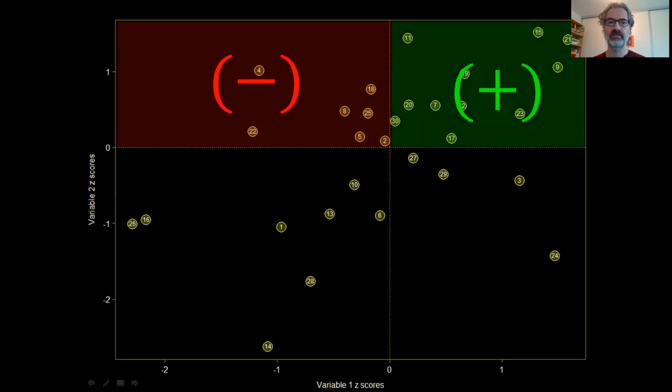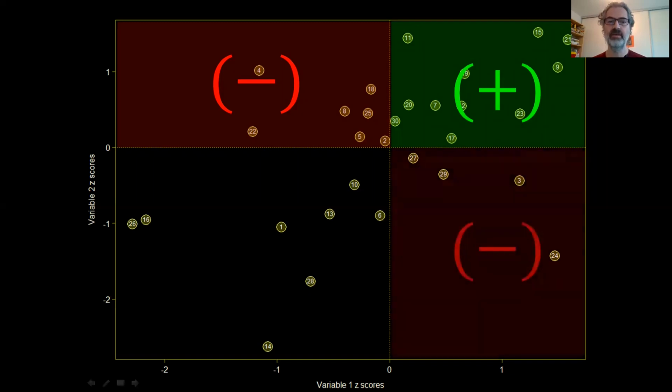Thinking in the same way, we can easily see now that for these 4 points in the bottom right quadrant, which are above the mean on x, but below the mean on y, these points will have a positive z-score on this dimension and a negative z-score on this dimension. So the product of their z-scores will be plus times minus equals minus.